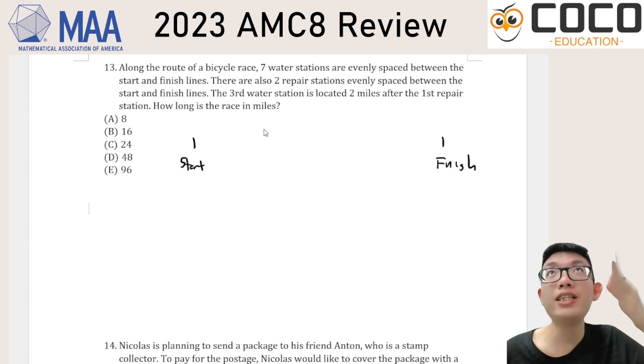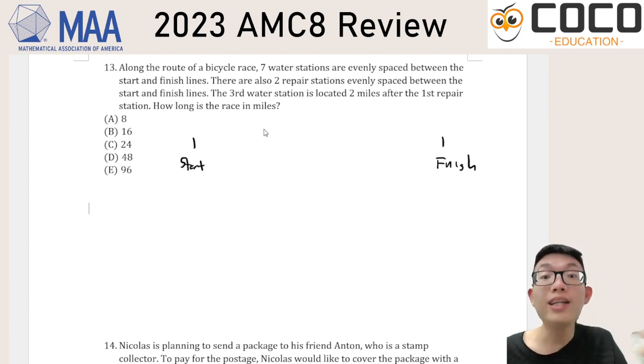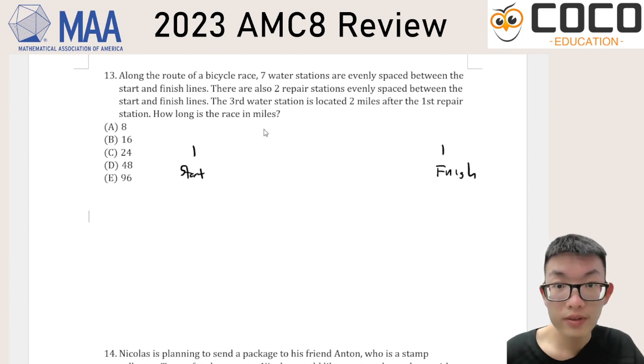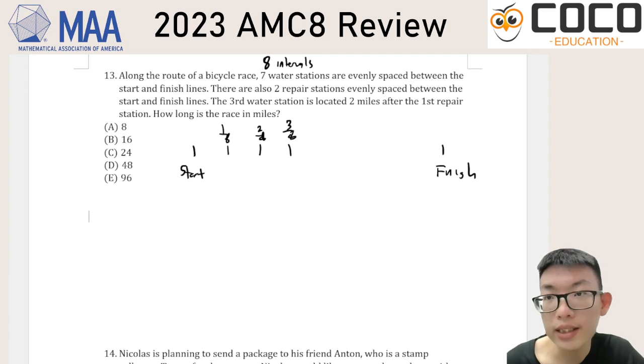Now, if you have 7 dividers, you don't have 7 intervals, you actually have 8 intervals. So it basically means that they come at the 1/8, 2/8, 3/8, and so on, and this is the third water station which I want to pay attention to.